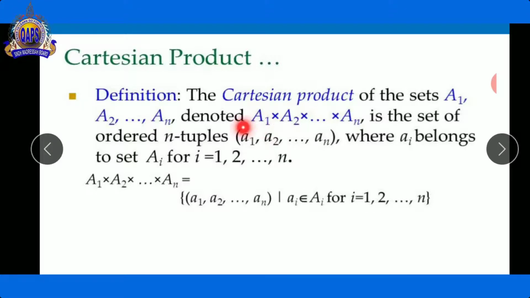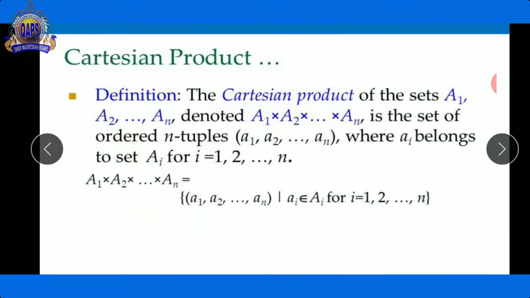So A1 represents set 1, A2 represents set 2, up to An, meaning they all represent sets. So the Cartesian product of the sets A1, A2 up to An, denoted by A1 cross A2 cross up to An, is the set of ordered n-tuples, because there are many sets from A1 to An.